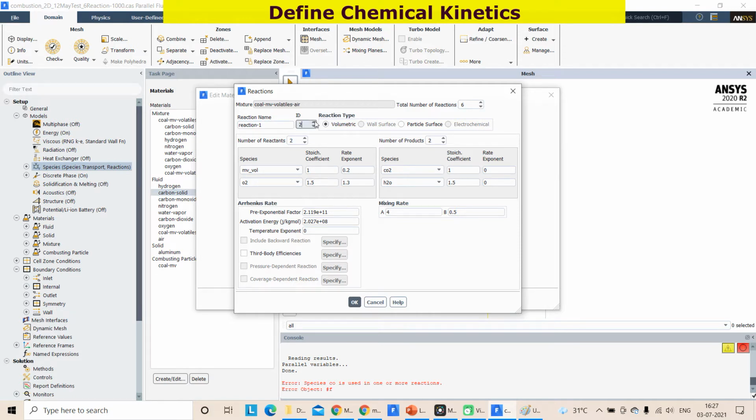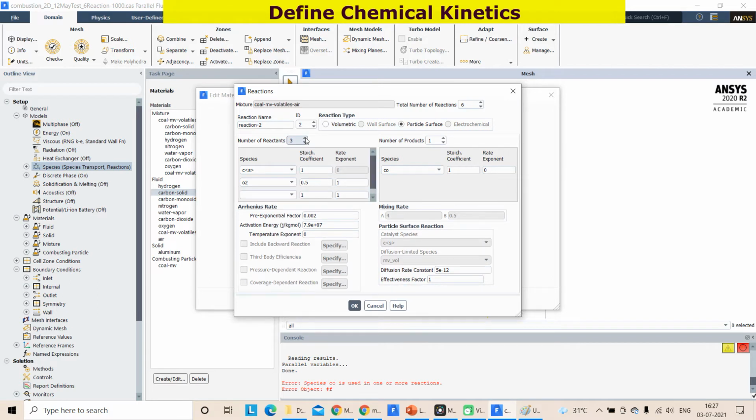This is the first reaction. Then the second reaction is also there. The carbon solid reacts with O2, then we get CO. Then the third reaction is also there. Carbon solid reacts with O2, that also gives CO. Then carbon solid reacts with CO2.